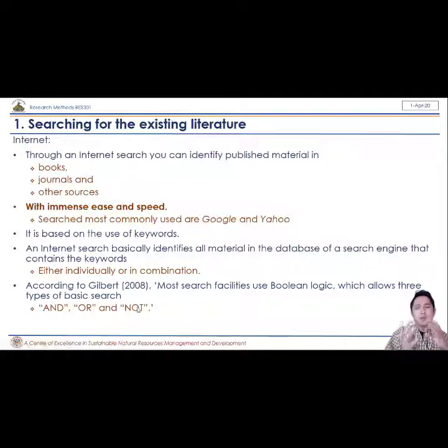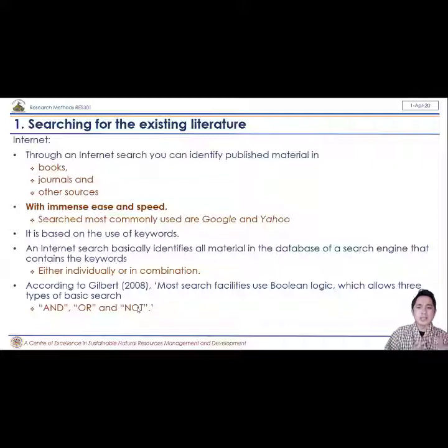Not is when you want to avoid one word. For example, you do not want lichen diversity and distribution in an agriculture area. We want to do it in forest. So lichen distribution or lichen diversity, not agriculture, meaning you want to find only lichen diversity papers, but you do not want to get those in studies carried out in an agriculture area.